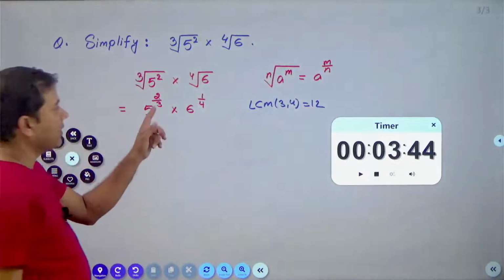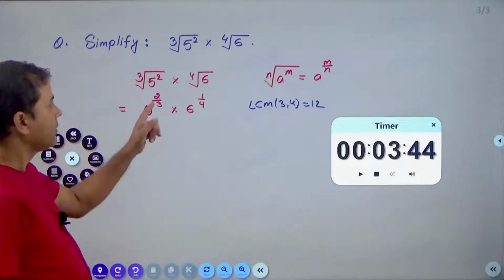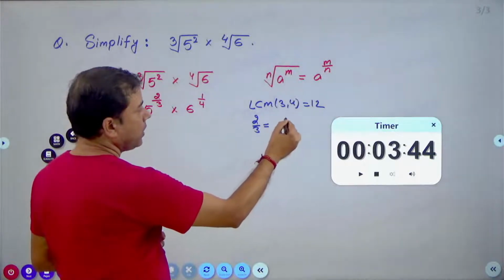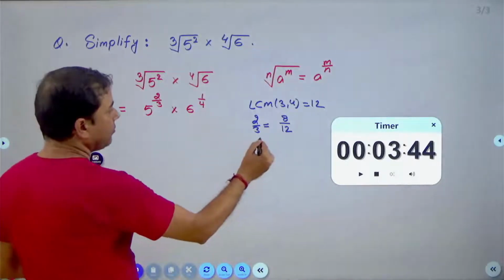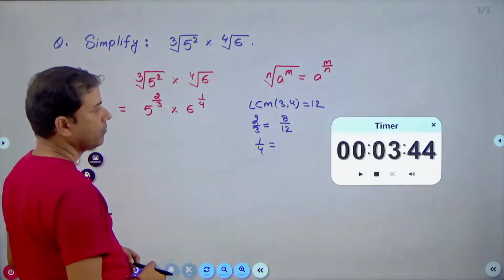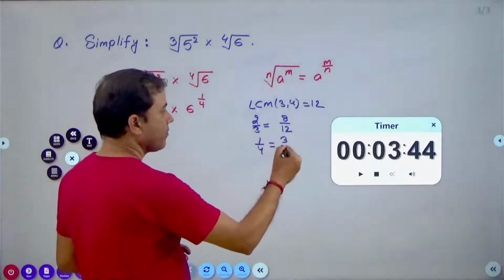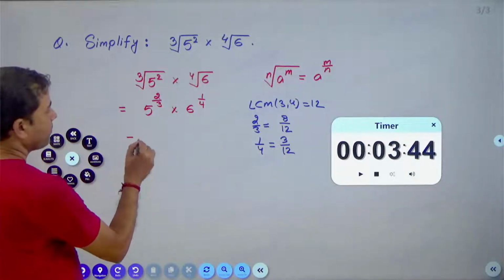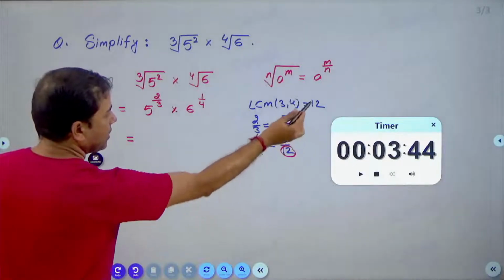So let's make their denominators 12, using the equivalent fraction rule. 2 by 3 is equal to 8 by 12, right? Yes. And 1 by 4 is equal to what? 3 by 12. Right. So we use the equivalent fraction method so that both denominators are the same, 12.